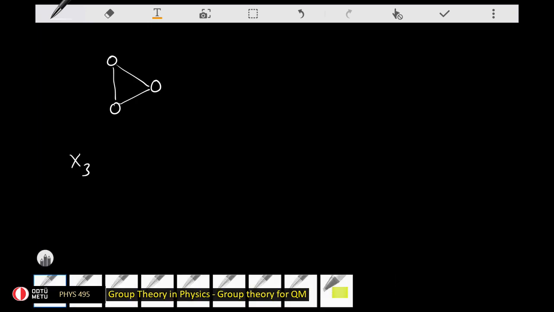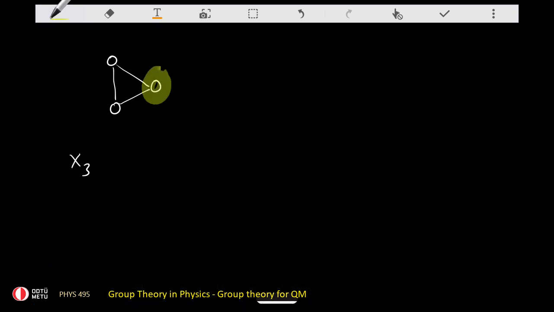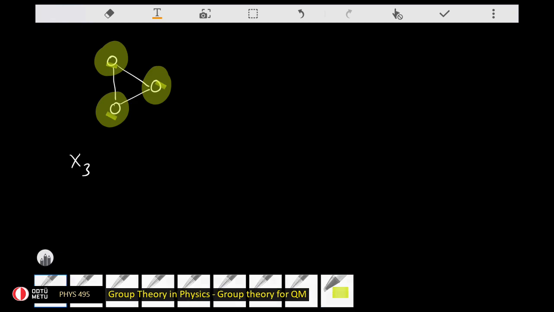Let's just consider a molecule formed from three atoms. Let's say this is X3. I don't know what X is, but somehow only the 1s orbitals coming from these three atoms are relevant.